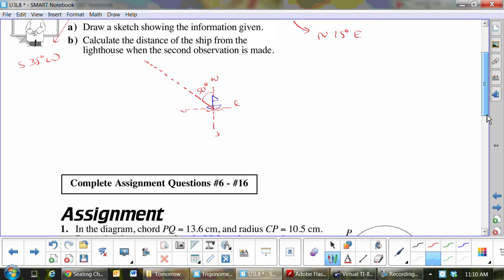Now, I sail 35 degrees west of south. West of south, so we go south first, then I'm going 35, okay? So I sail over there, and I do this. This is 35 degrees.